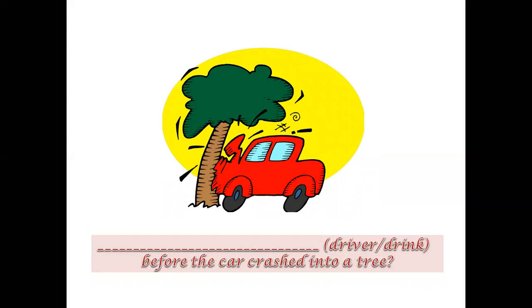The driver drank before the car crashed into a tree. Okay, هنا the driver had been drinking. Okay, now we have a result. The result is the car crashed into a tree.